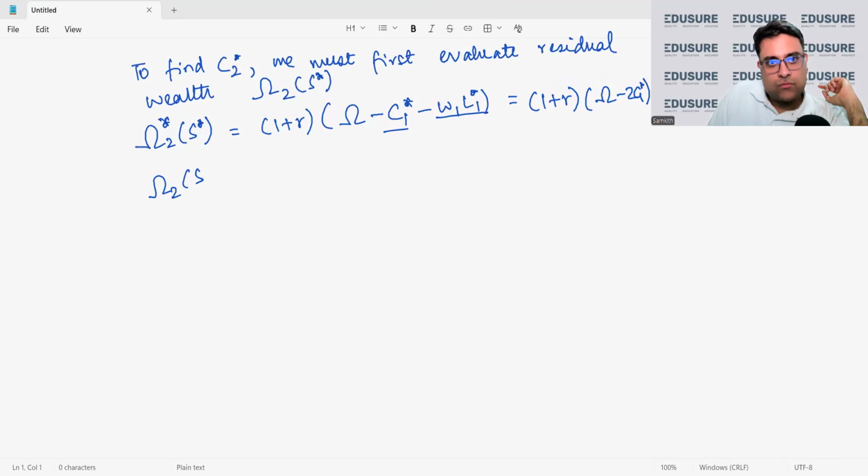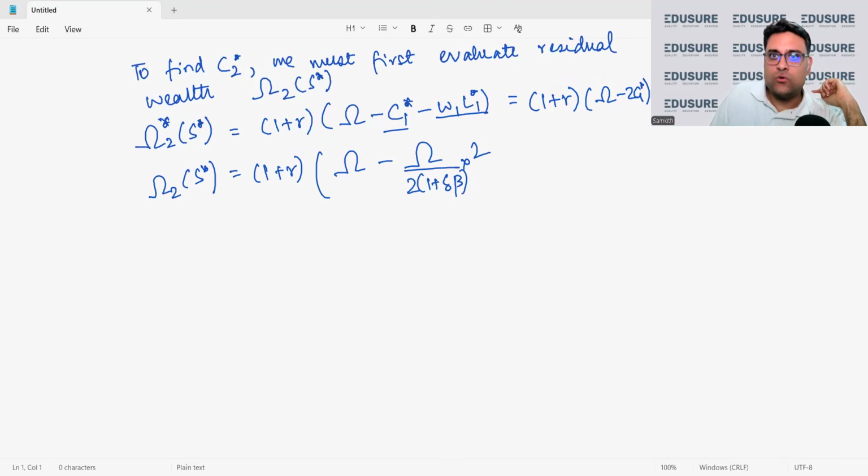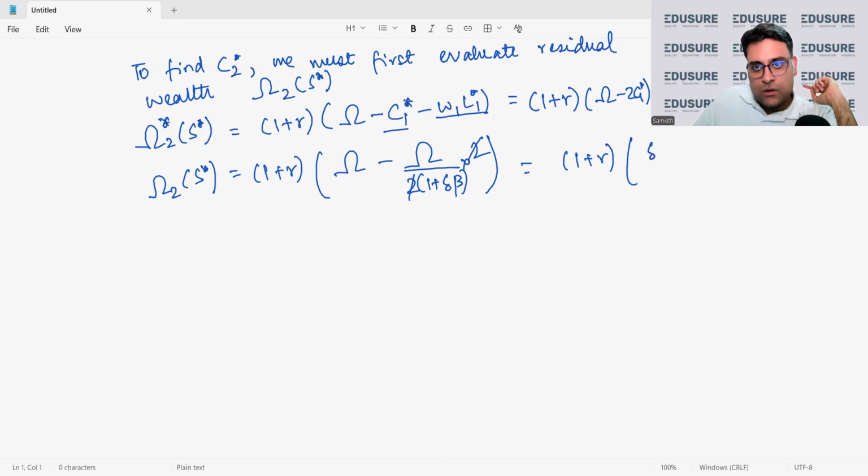Omega 2 is 1 plus R into omega minus omega by 2 into 1 plus delta beta into 2, because both are the same, because this is 2. Okay. So that is equal to 1 plus R into delta beta by 1 plus delta beta into omega.